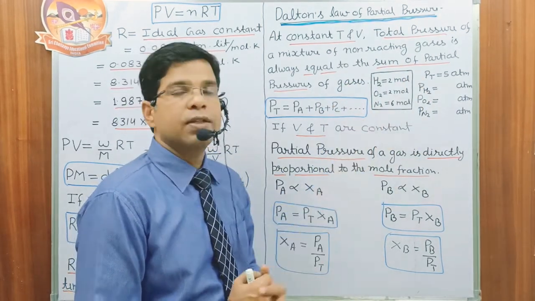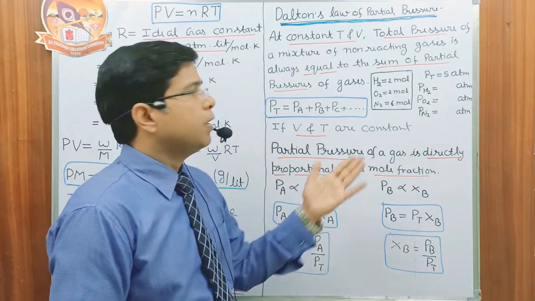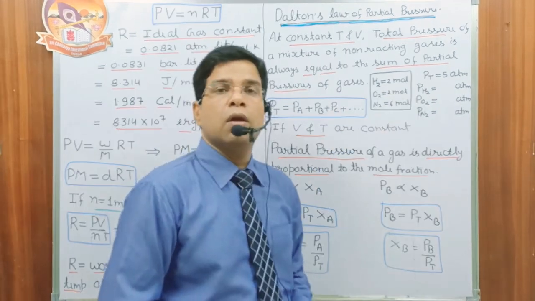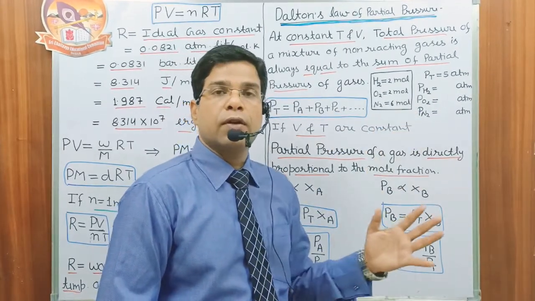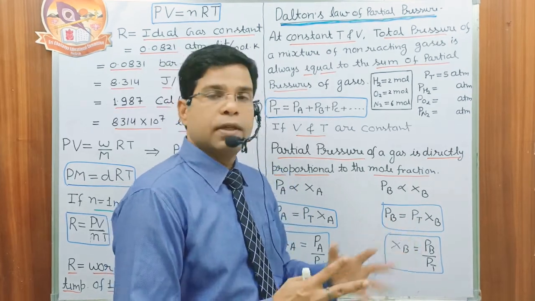Suppose we have this example. In this container, hydrogen is 2 mole, oxygen is 2 mole, nitrogen is 6 mole.